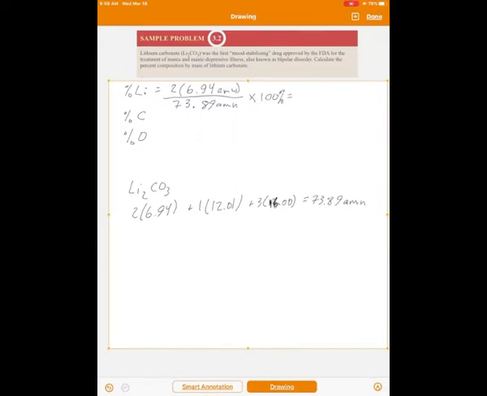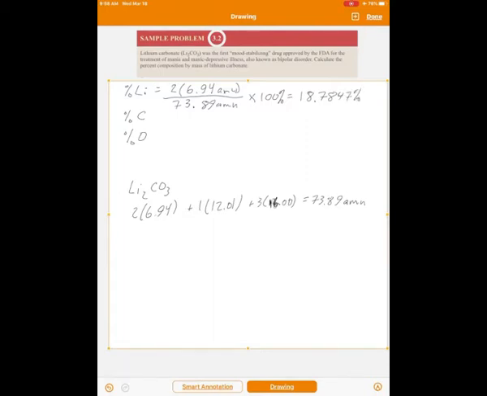So now we have 2 times 6.94, and we're going to divide that by 73.89, and then we're going to multiply by 100. And that comes out to 18.78. Let me see if there's any more digits after that. 7847.